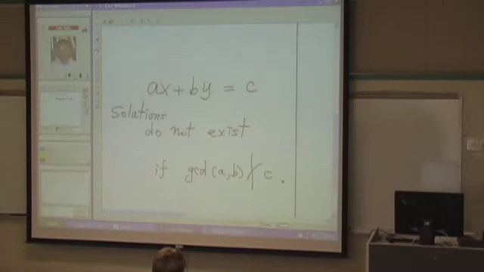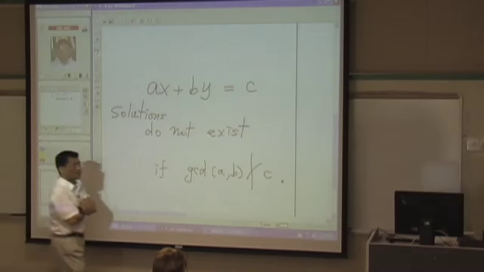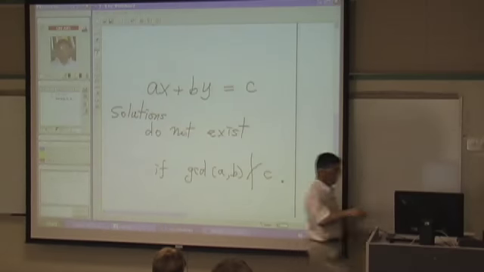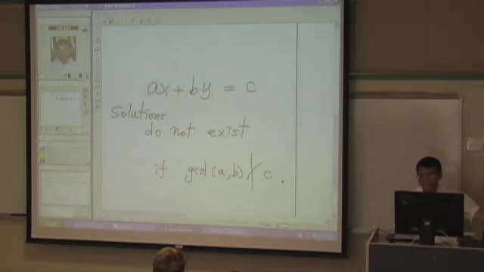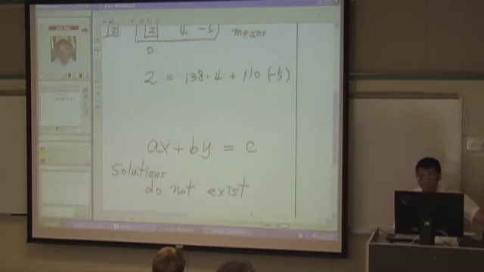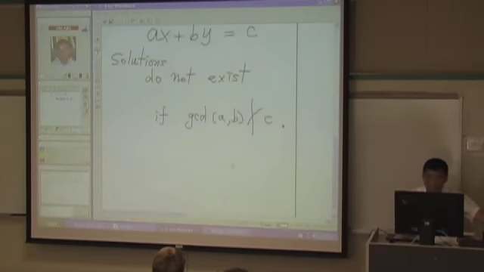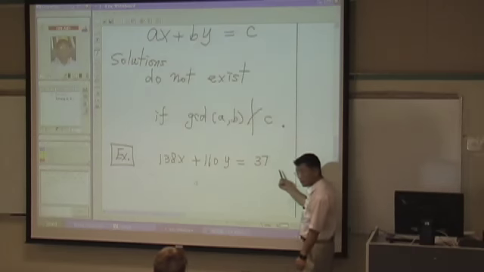In other words, in the previous problem, if I asked you to find the solution, I will write down the same problem instead of going up. So for example, if I asked you to find the solution to 138x plus 110y equals 37, can you find the solution?